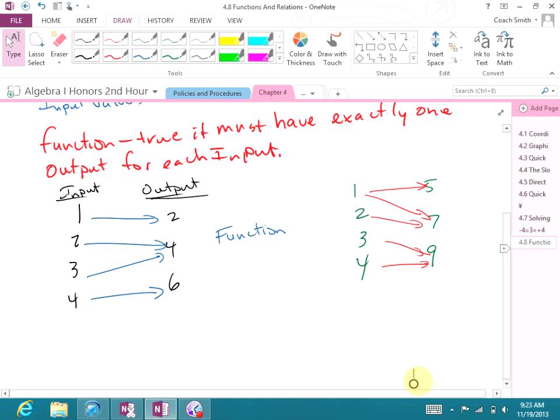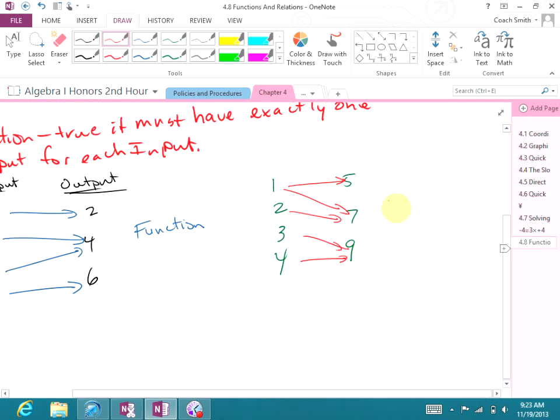Okay? This is not a function. The reason it's not a function is because of this. That one, the input of 1 has two output values, a 5 and a 7. You can't have two output values for the same input value.